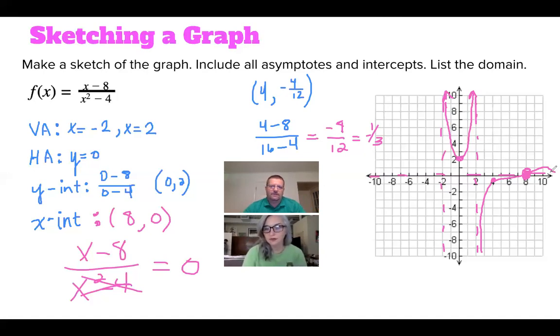I'm going to pick like -4. So if I put a negative here, that would make this negative 12. And that would give me -1. So at -4, -1 would be that point right there. Ooh, back up. -1 there. So I would have a point right there.